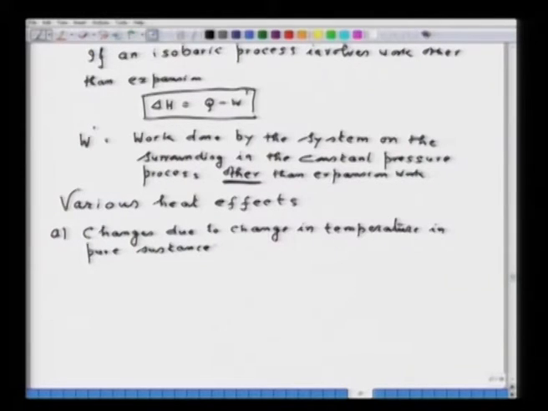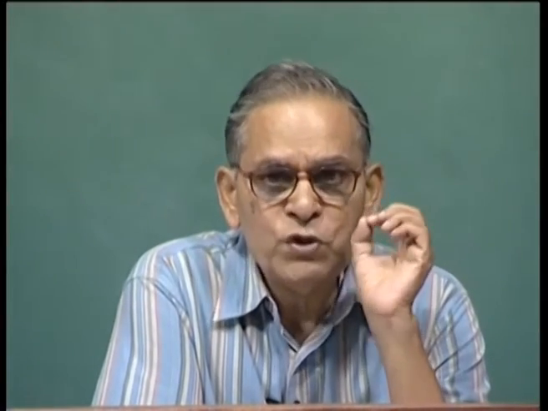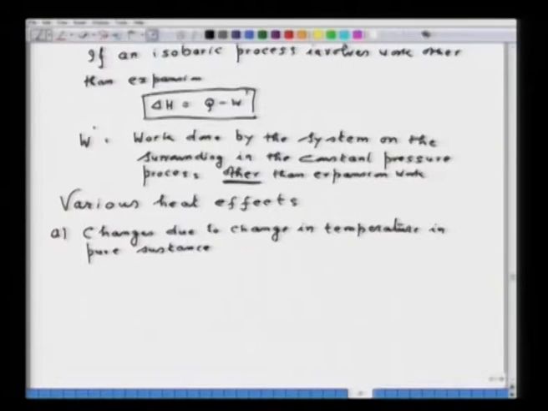Clearly, a substance contains heat by virtue of its temperature. When a material has a certain temperature, it has a certain amount of heat. What is important is the change in heat due to change in temperature, that is what we require. Now, this is calculated by taking a basis.